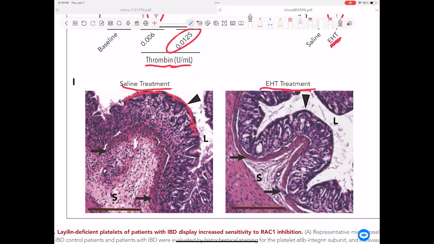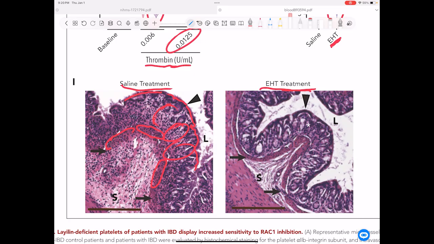What I'm showing right here is a very sick gut because if you look here, you've lost your crypt structures that are normally in your gut. And then you're looking at the thickness of this violet line right here. The thicker it is, the sicker you are. And also the less defined it is, the sicker you are.